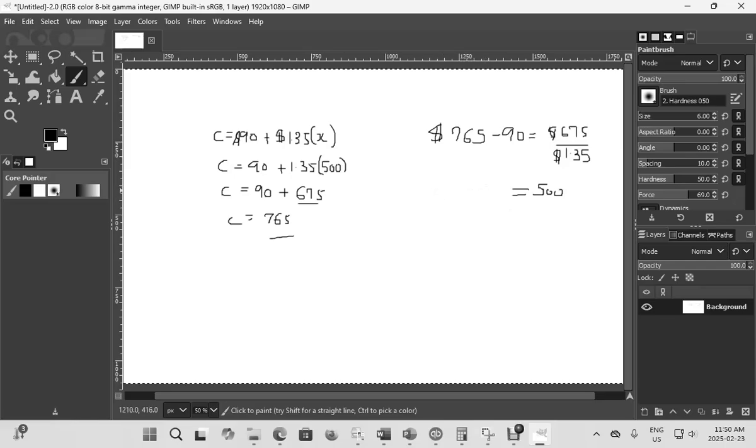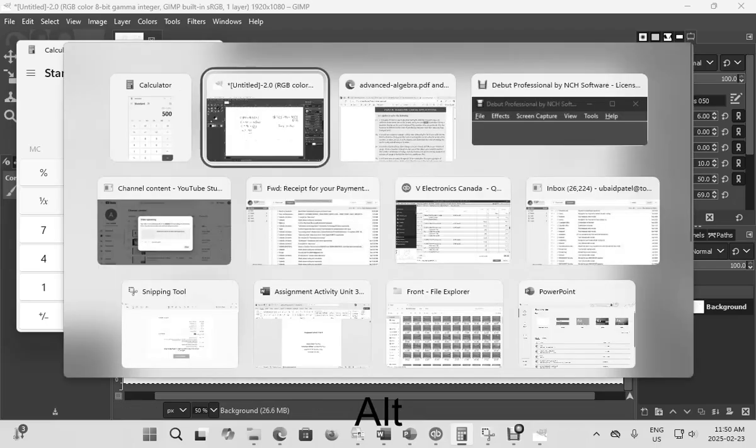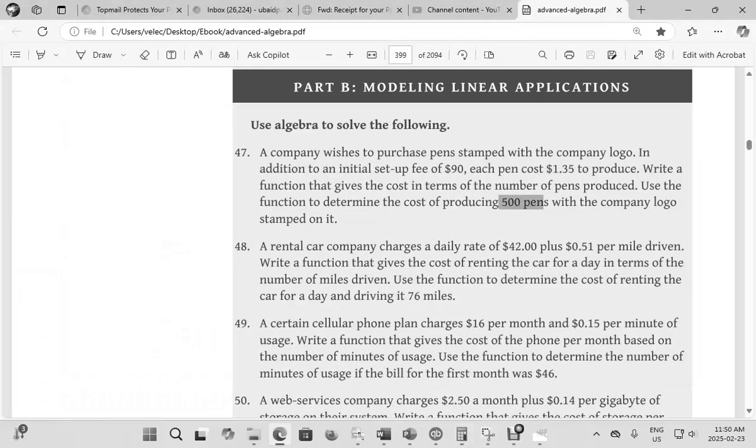So the total number of pens is 500, which matches the total number of pens in our question.